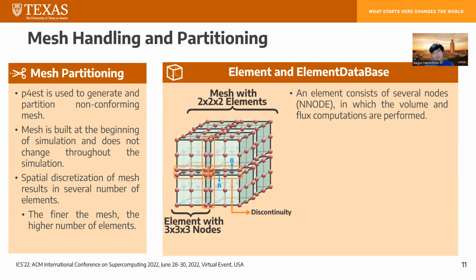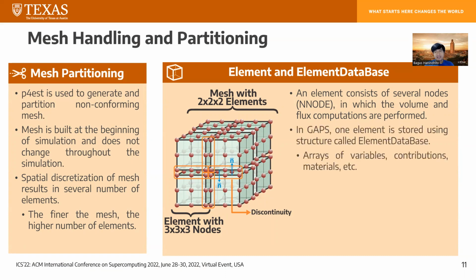So an element is basically a unit resulting from discretization, and each element has several nodes on which we perform volume and flux computation. In GAPS, we represent this element using a class called element database.